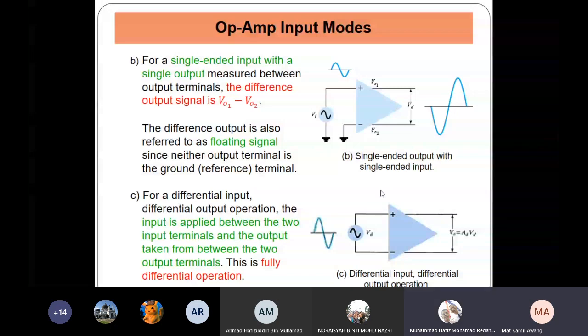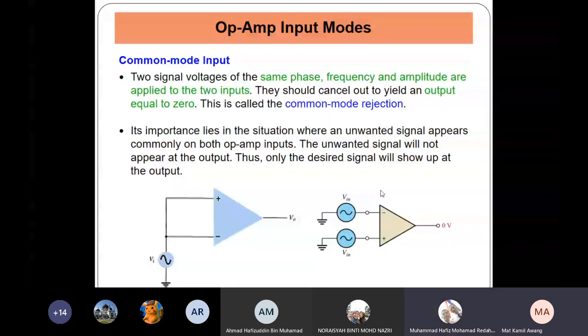This is actually the common mode input. This is another one, right? Two signal voltages of the same phase, frequency, and amplitude are applied to the two inputs. When this happens, they should cancel out to yield an output equal to 0.